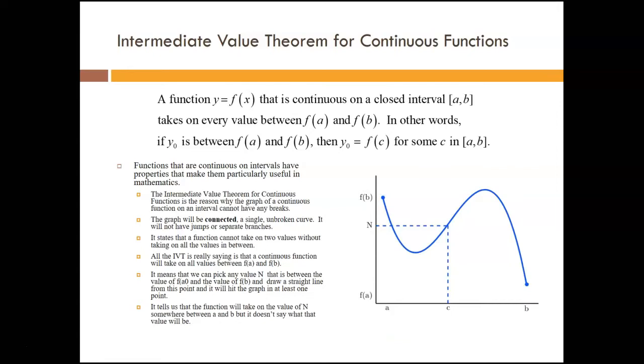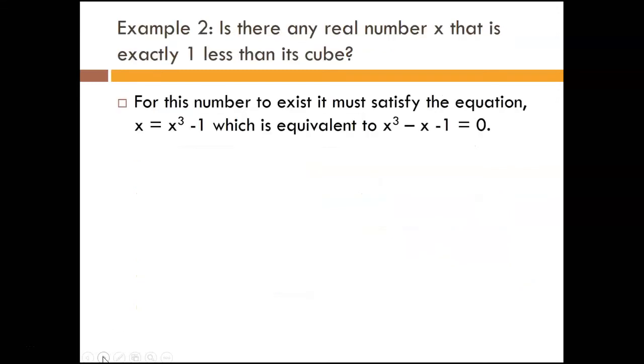The application of the intermediate value theorem is more important than the intermediate value theorem itself. The theorem is a statement of truth. The application of that statement is important.